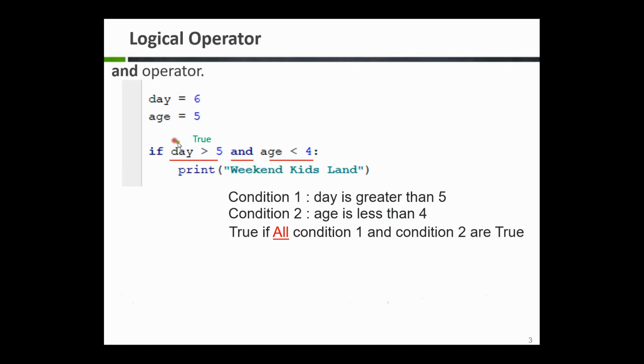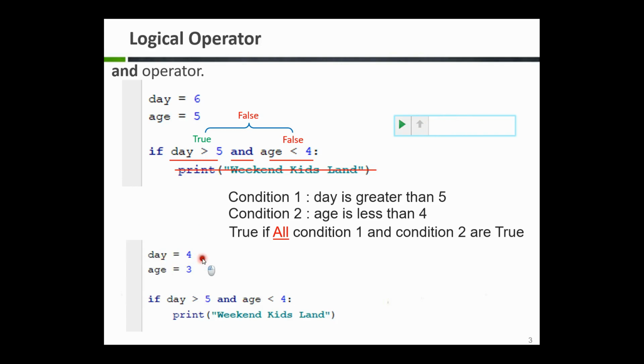Working through this example, day is 6, and 6 is bigger than 5, so this returns true. Age is 5, and 5 is not less than 4, so this condition returns false. The AND operator returns false because one of them is false. It only returns true when both conditions are true. So in this case, nothing is printed.